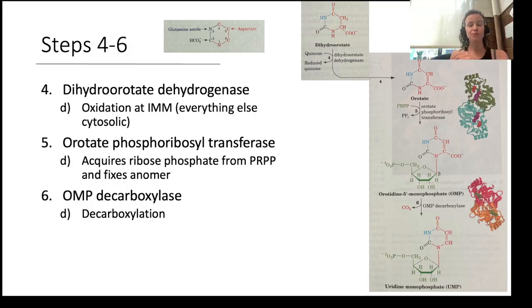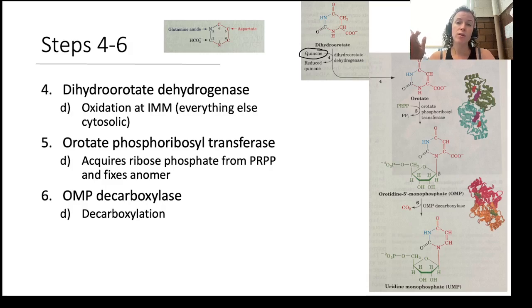So step 4 is performed by dihydroorotate dehydrogenase. We see the word dehydrogenase, we should know a redox reaction is happening. And this reaction is interesting because it happens at the inner mitochondrial membrane. That's different. All the other steps that are happening here, folks, are happening in the cytosol. But in this step, we do the redox reaction using a quinone.